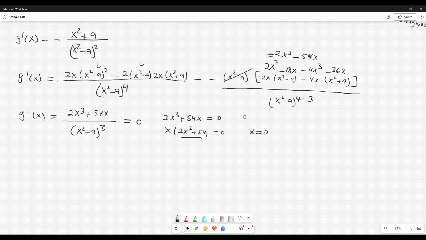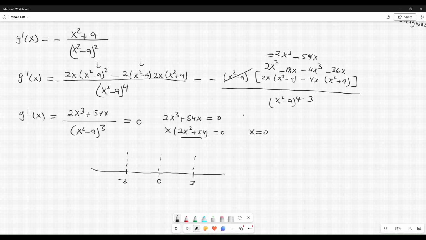I need to test it using the second derivative test. Look, basically we have minus 3 as an asymptote, 0 as a hypothetical inflection point, and positive 3 as another asymptote.